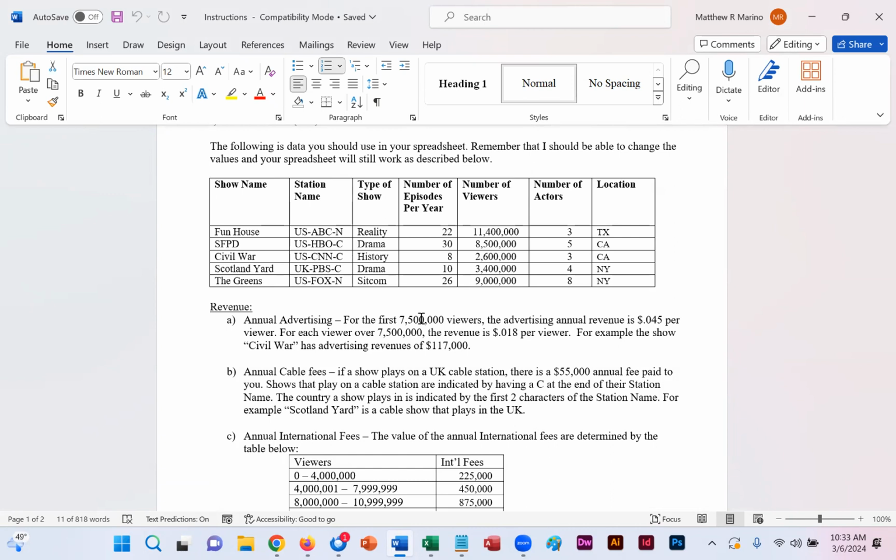Wouldn't the formula be IFS, right? Nope, you could do IF whatever column this is, 1, 2, 3, 4, 5.